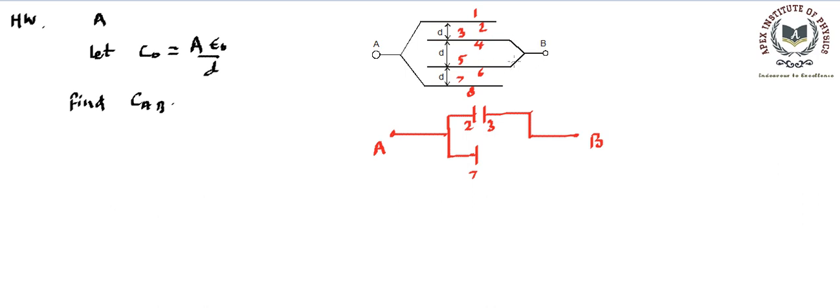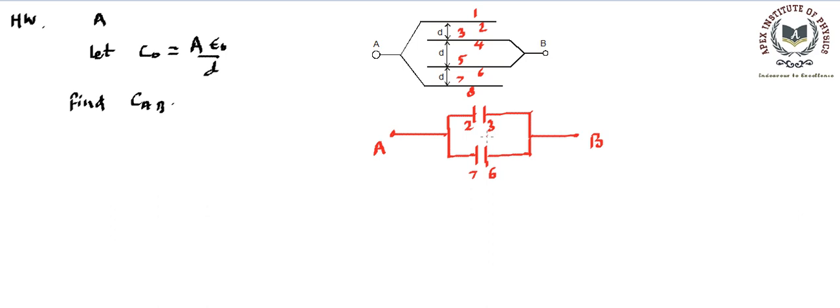Then there's going to be 5, there's going to be 6, and the 6 will be opposite to the face 7. So this is the 7th face, and we will have a 6th face just against it, making a capacitor. Let me draw it properly. Okay, let's say that's the 6th. Now this 6th is connected to B, so let's make this connection.